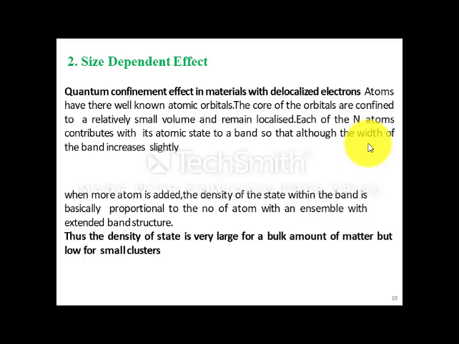Each of the n atoms contributes with its atomic state to a band, so that although the width of the band increases slightly when more atoms are added, the density of states within the band is basically proportional to the number of atoms within an ensemble with extended band structure. Thus, the density of states is very large for a bulk amount of matter but low for a small cluster.